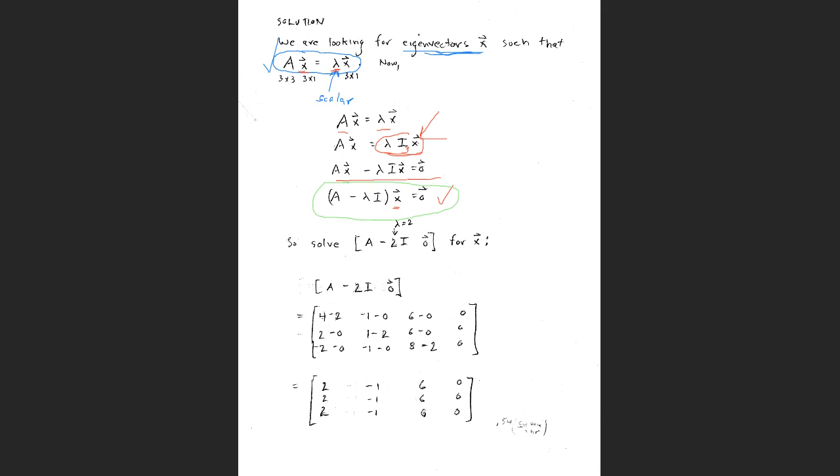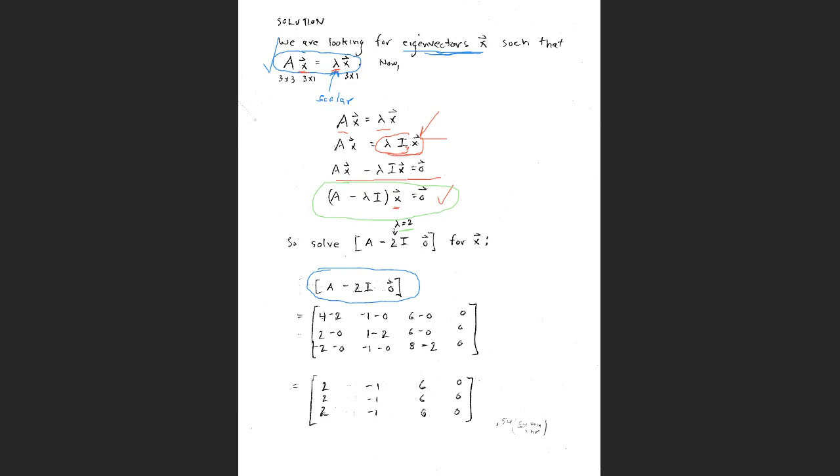We were told in the problem that lambda equals 2. We were given that. Later we're going to learn how to find these eigenvalues, but here they're telling us the eigenvalue lambda equals 2. So I'm going to solve the augmented matrix A minus 2I, 0 vector.